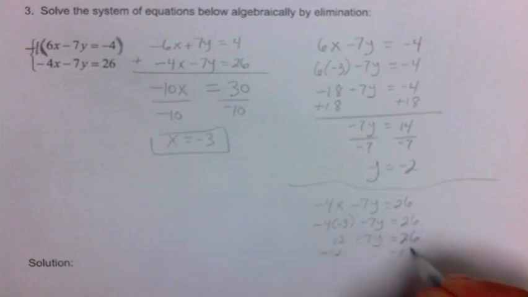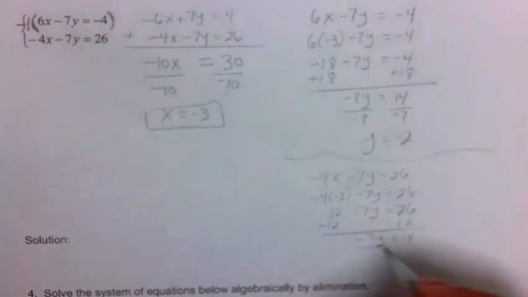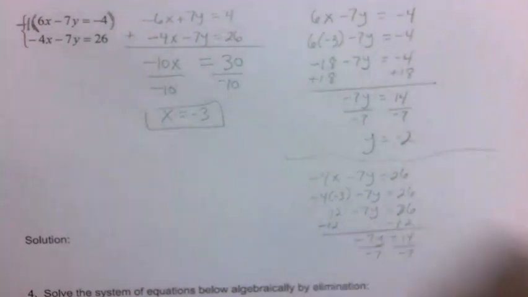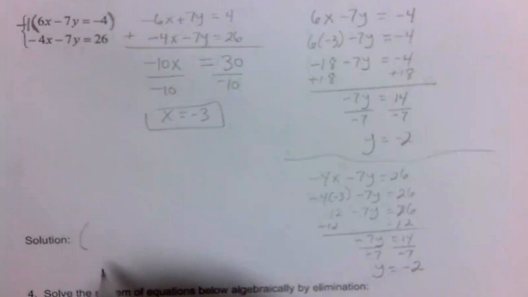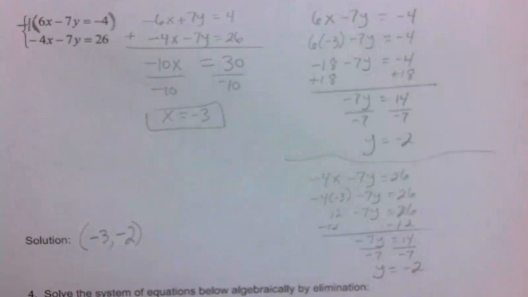Subtract the 12 from each side, and now negative 7y is 14. What I'm going to do next is divide each side by negative 7, which again tells me that y equals negative 2. So for our solution this time, x is negative 3, and y was equal to negative 2. Negative 3, negative 2 is the solution.